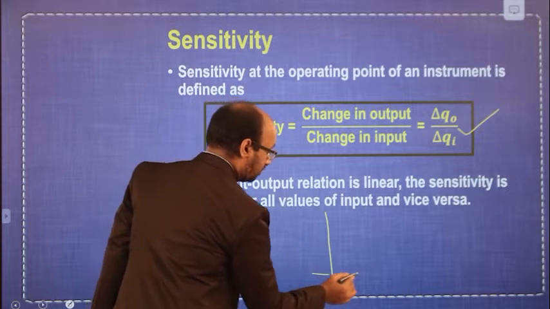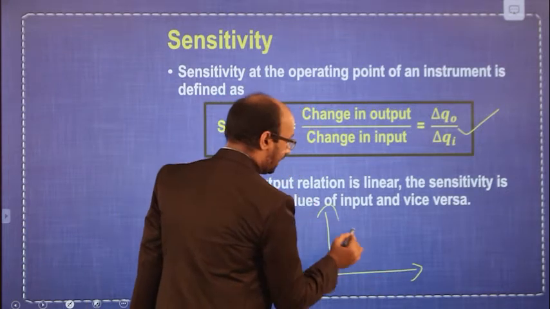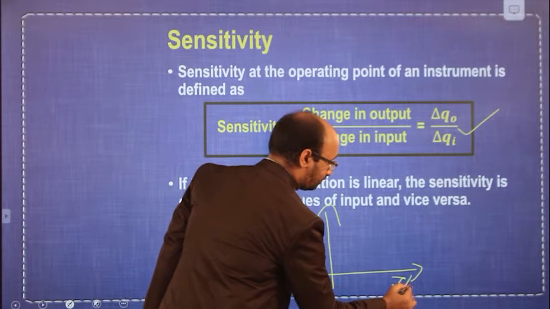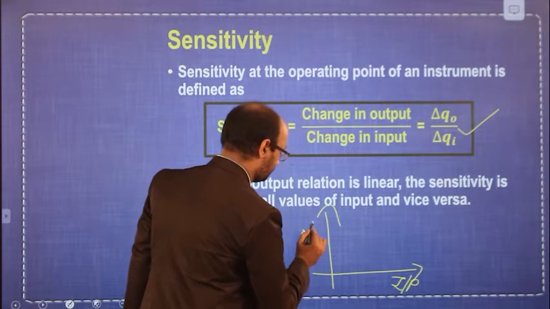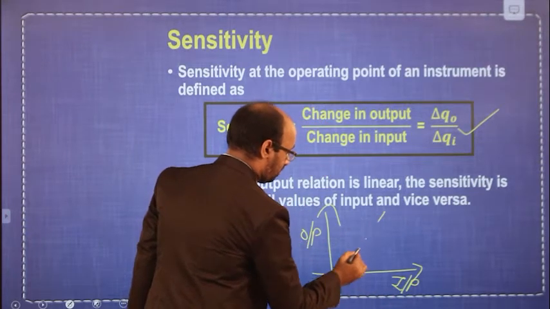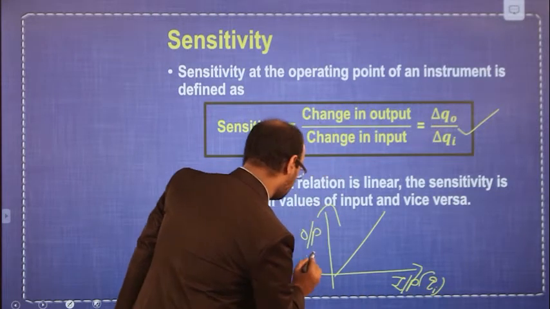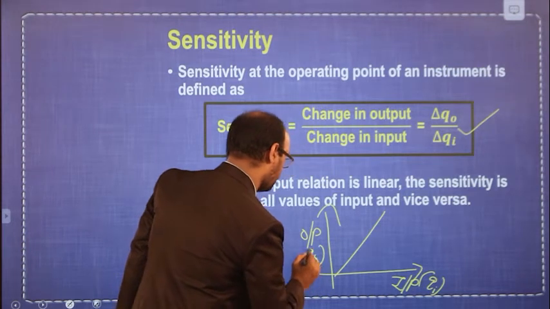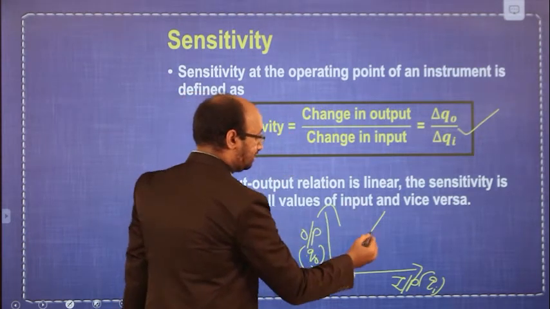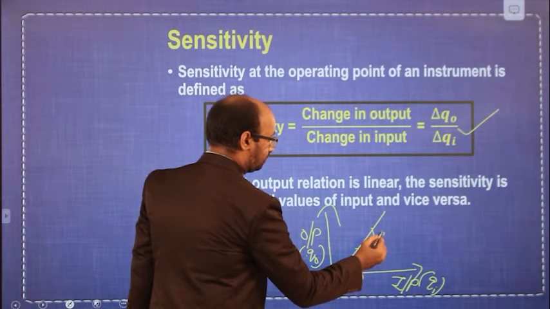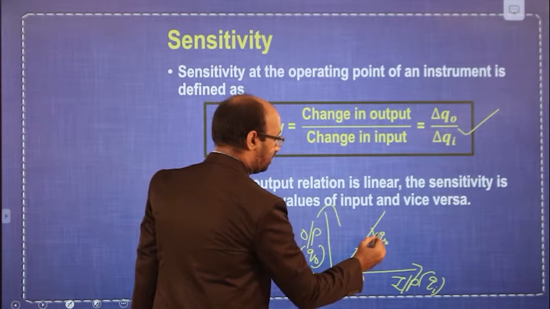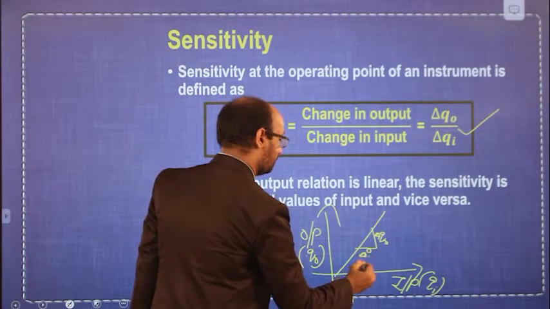Let us suppose we have a linear characteristic, with Qi on one axis and Q0 on the other. The slope of the characteristic is delta Q0 by delta Qi.